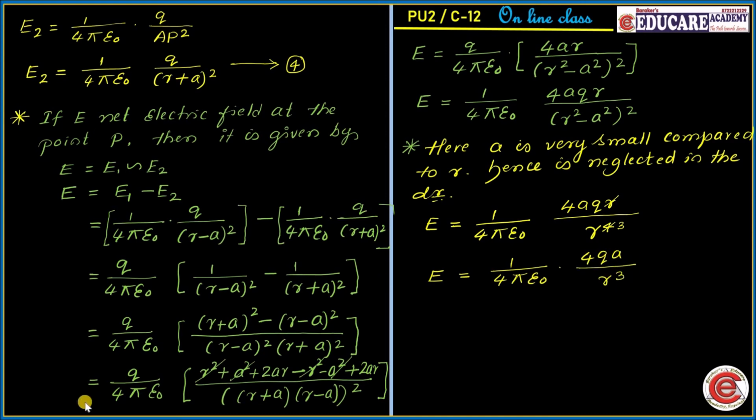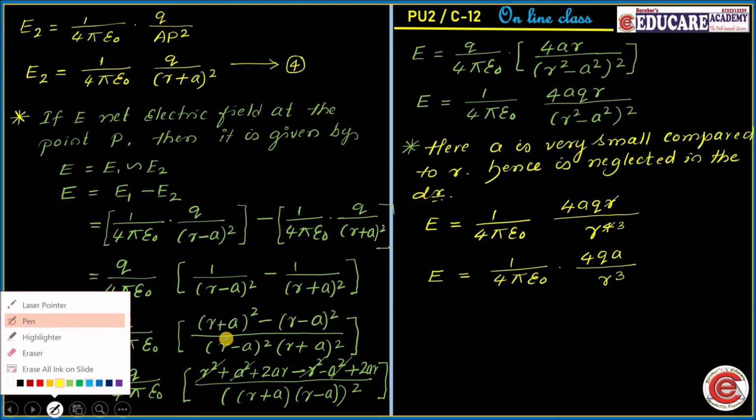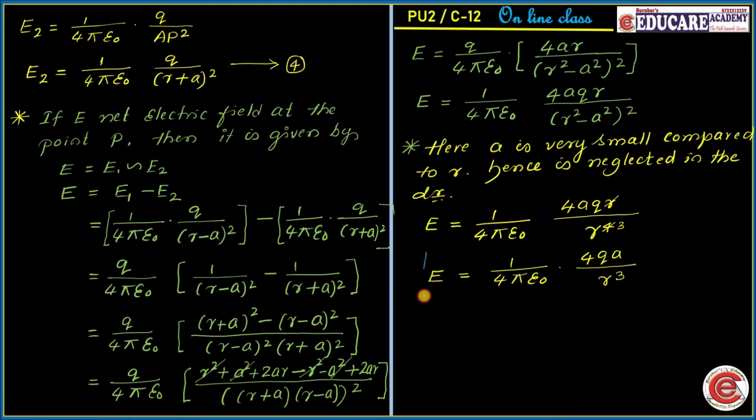So it is one of the very important results we got in the discussion. This equation represents the net electric field at point P due to an electric dipole. This is your final equation. Now here we can make a small change.